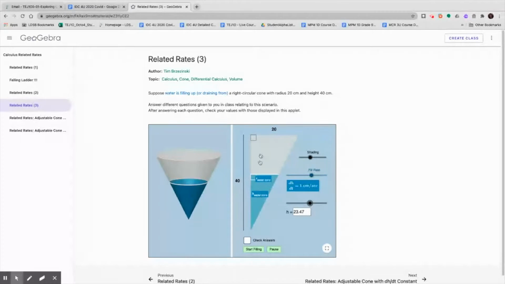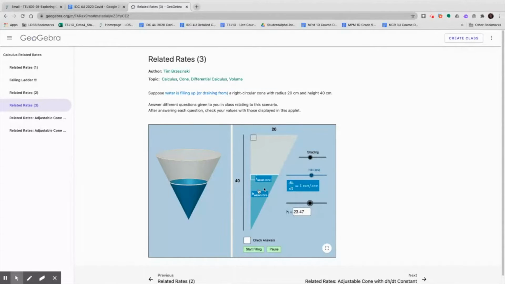So these are similar triangles, which means that the heights and the radii are proportional. The radius here will always be half of the height here. And that's going to be really important as we move forward looking at some of these problems, as I'm looking at how the radius and the height are proportional.